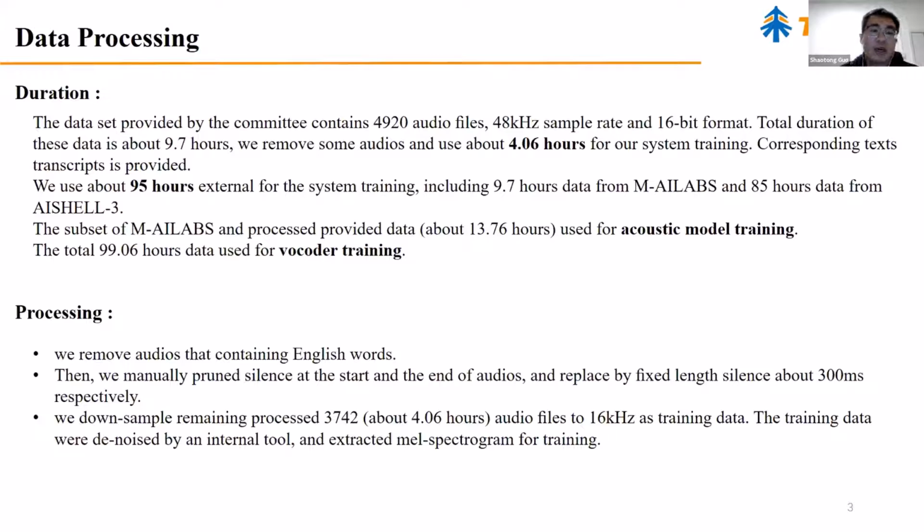The subset from M-AILABS and the processed provided data were used for acoustic model training, and the total data for vocoder training. The processing of the provided data is described as follows. First, we removed all audio that contains English words, and we manually cut the silence at the start and end of the audio and replaced it with a fixed-length silence. Finally, we downsampled and denoised the remaining files and extracted the mel spectrogram for training.